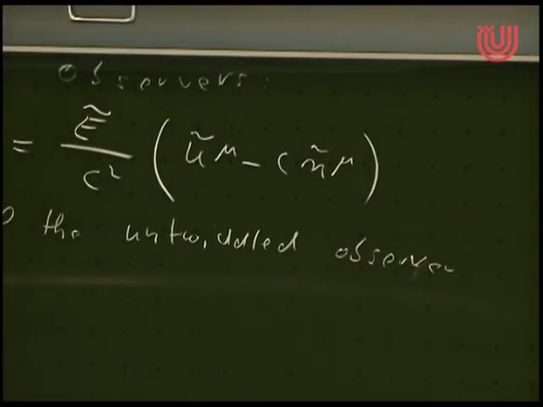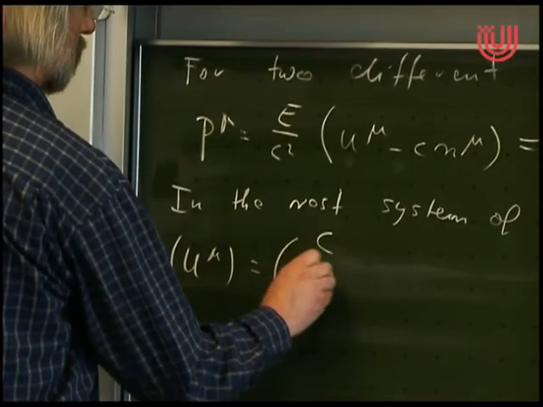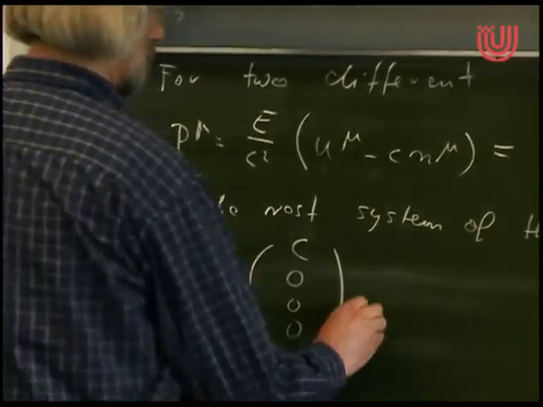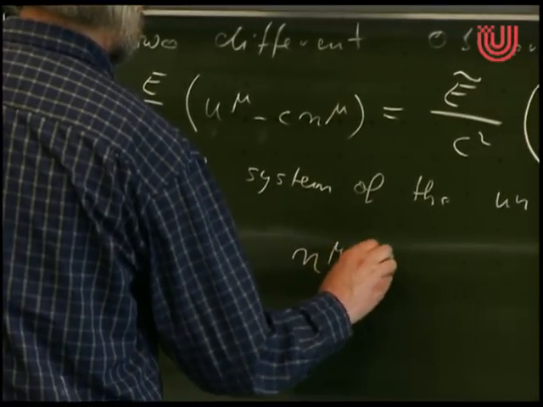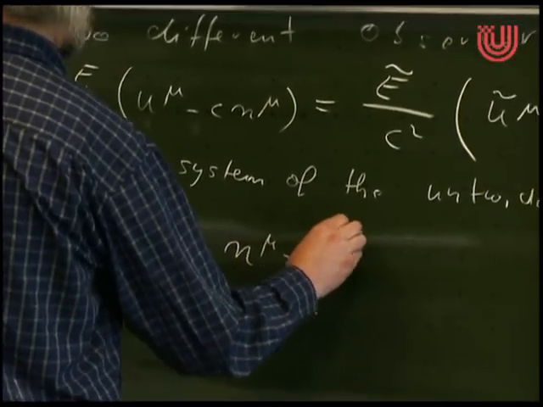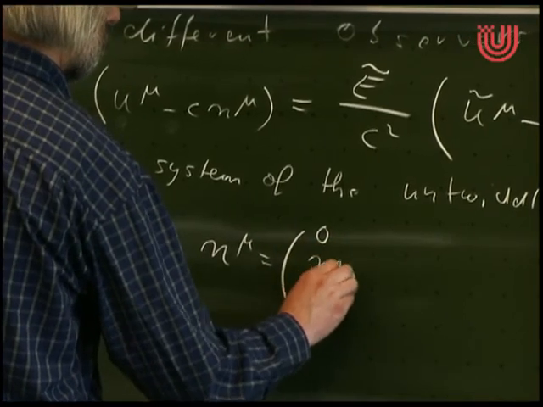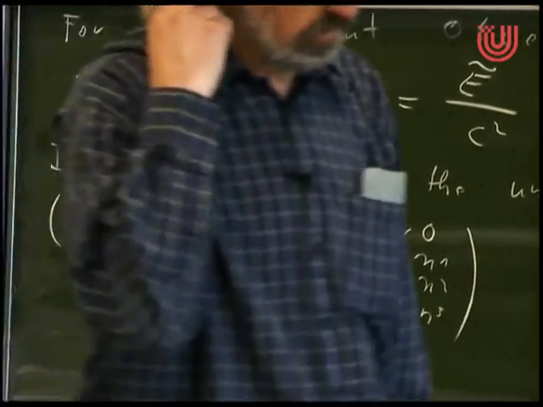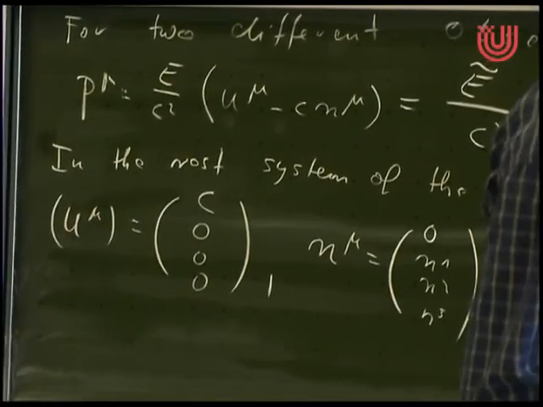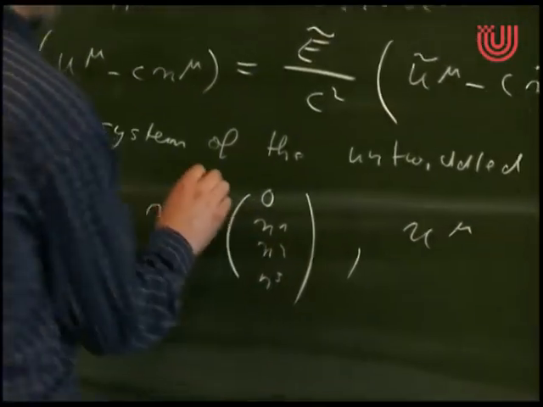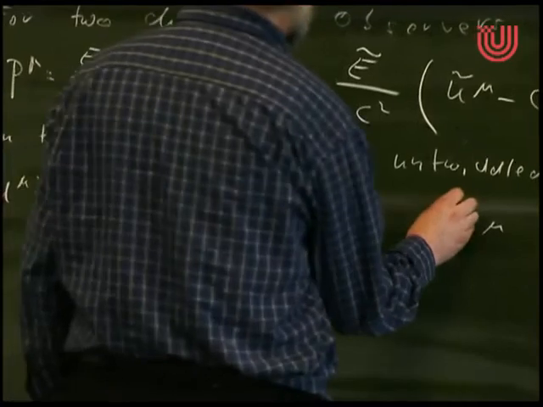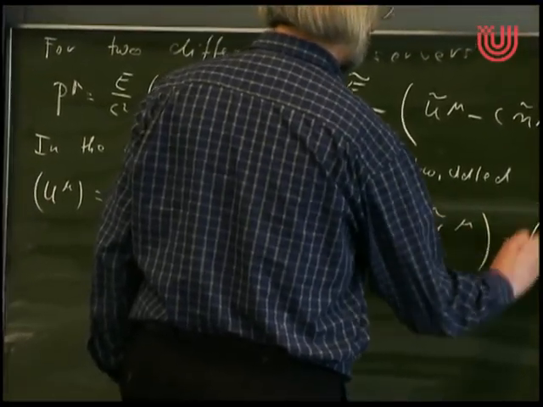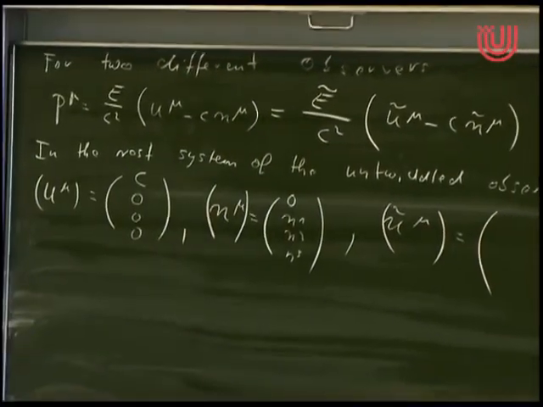So this means u^μ is just (c, 0, 0, 0). And n^μ is (0, n1, n2, n3). And I think I also need ũ^μ. I should put brackets here because I mean the matrix which is formed of these things.